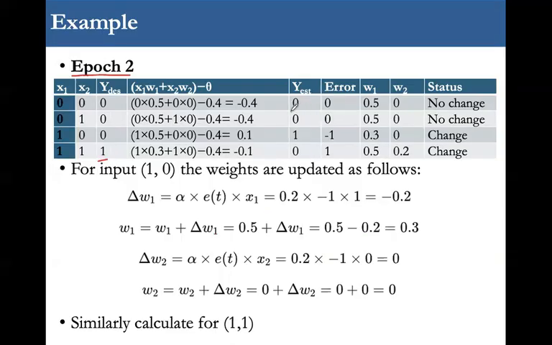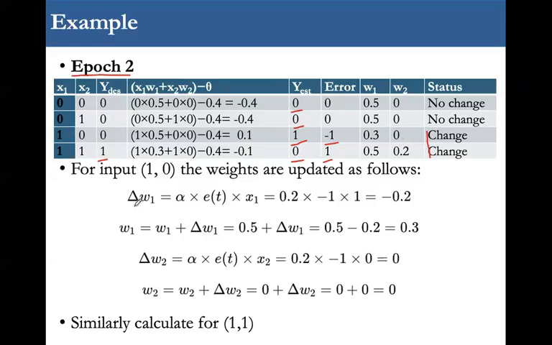We get the y estimation as 0 for 0 0, as 0 for 0 1, and as 1 for 1 0, and there is an error of minus 1. And here also there is an error between y desired and y estimation. So there are two changes.